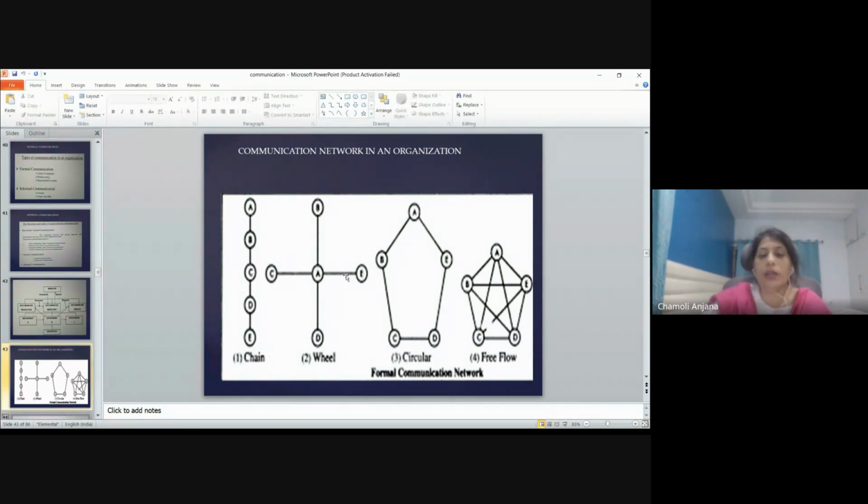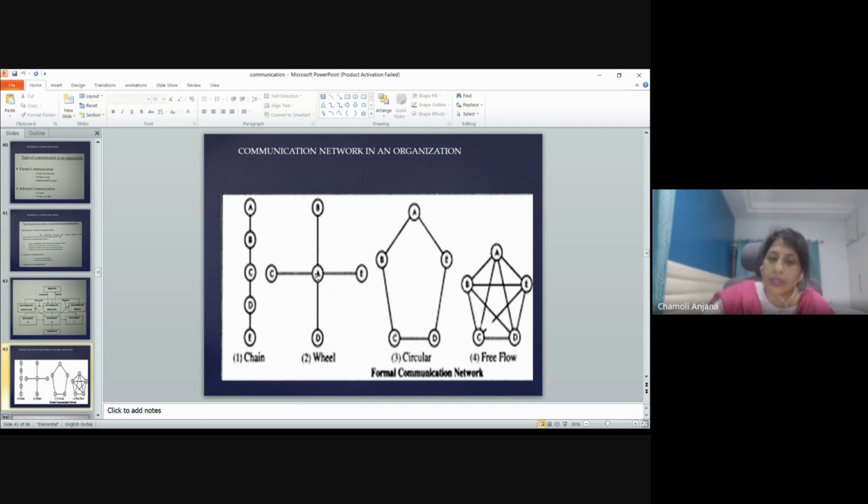Okay, next one is the wheel network. In a wheel network, you have a manager or a leader who is sitting at the center of the wheel, and this manager can communicate to all the other employees who are sitting at the rim or the edge of the wheel. So these are the employees who are sitting at the rim of the wheel, and this is the manager or the leader.